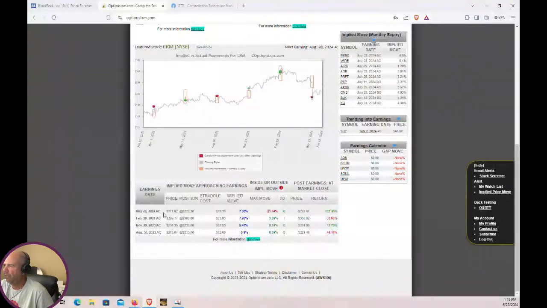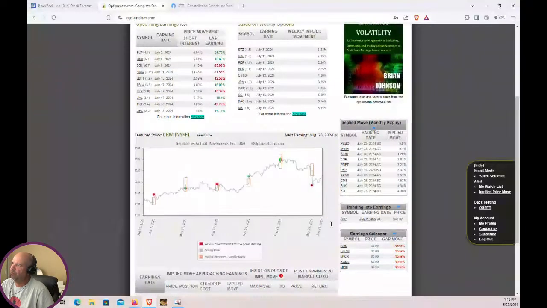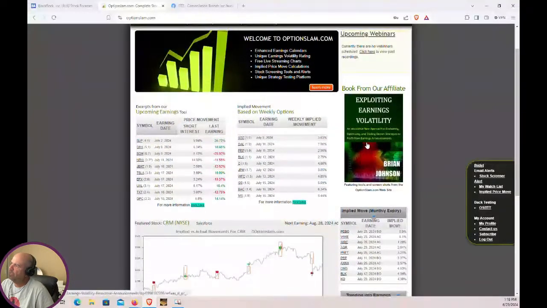So they had the earnings on May 29, so they dropped 21%, and now they're going up. Return here was 182%. I profited in this one. It was pretty good. So they have a book put over here.